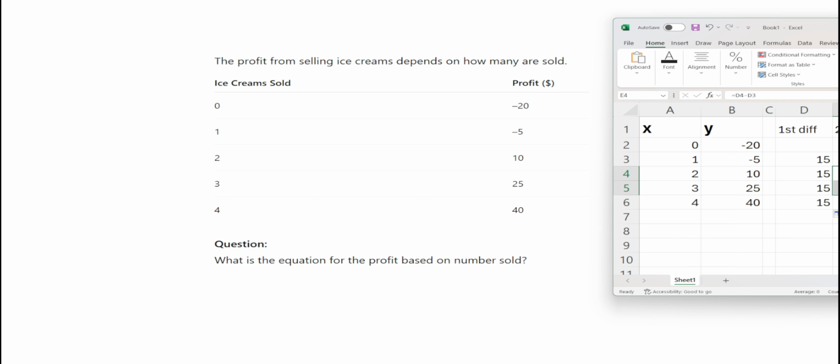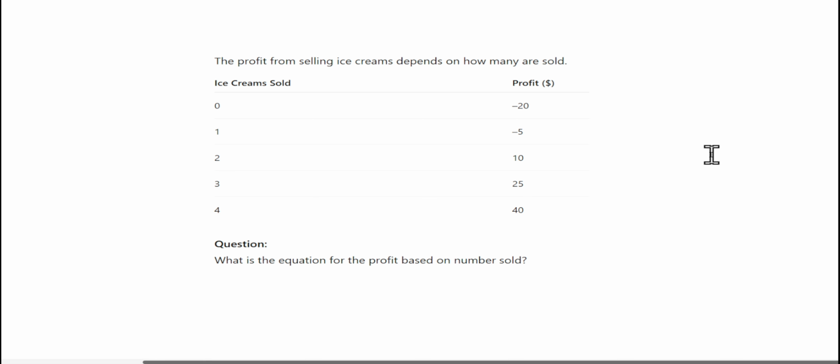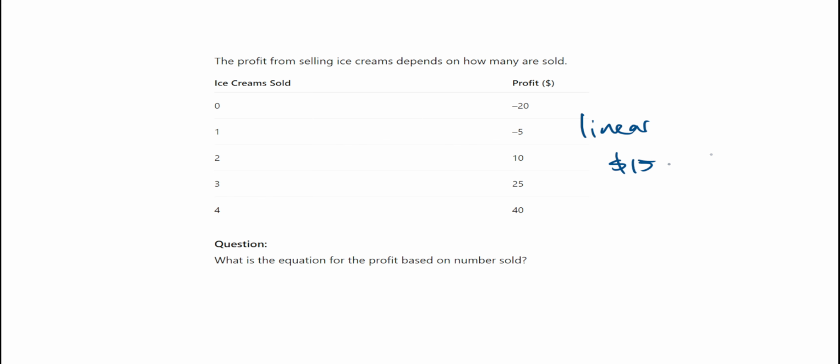Okay. I'd take that back. It might be linear. So there's a difference there. Is it 15? Oh, yeah, it is 15. Yes. $15 ice creams. Okay. So it is linear, and it's $15 per ice cream. Not $15 cost, but $15 profit. Marginal profit.